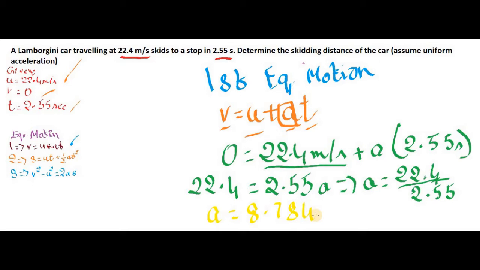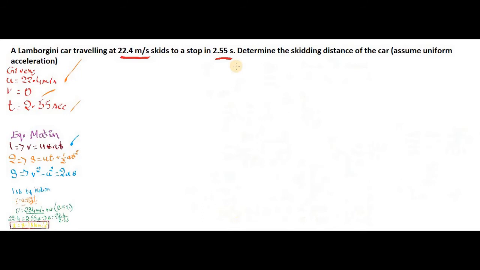Yes, we are missing something: the unit. The unit for this would be meter per second square. So the acceleration that we got here is a = 8.784 meter per second square.